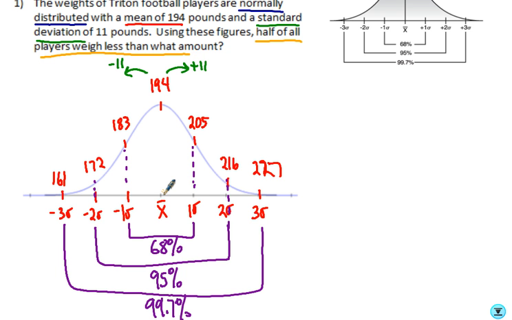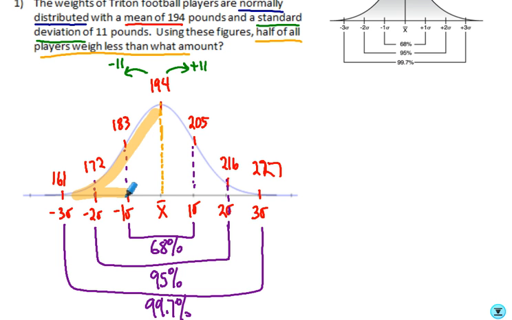But because we have symmetry here, our mean and median are equal. So our middle point right there is 194. If we want to know half of all players weigh less than what amount, well, half of all players weigh less than 194.